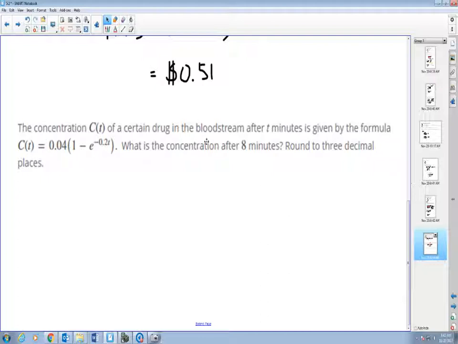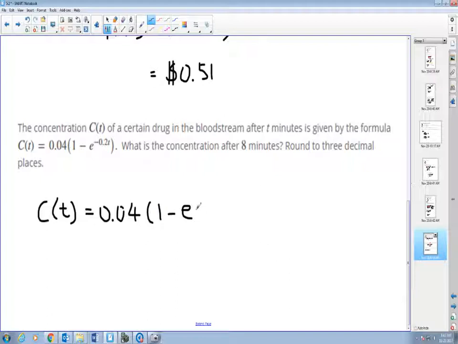When we take any type of drug, after so long the concentration decreases. So let's see what happens after 8 minutes. So 0.04 times 1 minus e to the negative 0.2 times 8 minutes.